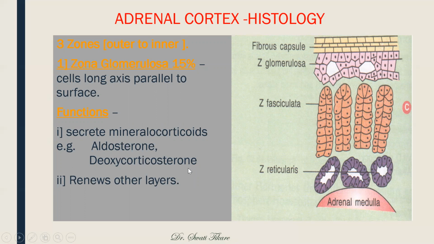Another important function of the zona glomerulosa is that the other cells of the adrenal cortex come up from these cells, so they renew the other layers. The fasciculata and the reticularis are renewed by the zona glomerulosa.